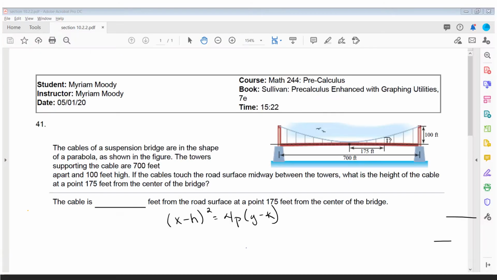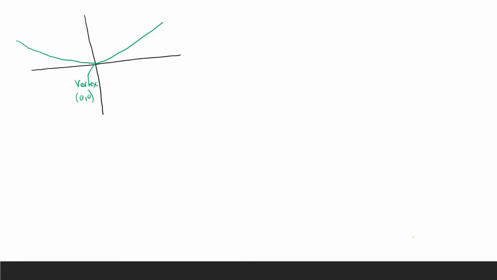Okay, now if we go back and take a look, the bridge between the two towers is 700 feet, isn't it? So if I'm looking from the center of the bridge out to one of the towers, how far across is that? Excellent. That's 350 feet. So I know from here to here is 350 feet, don't I?